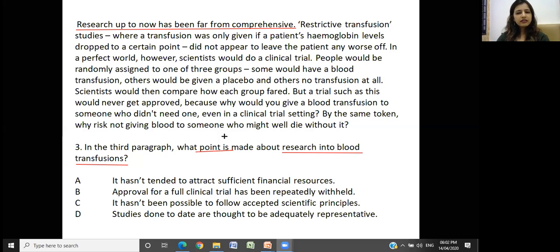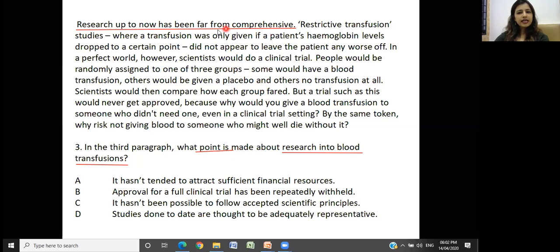That is the reason further research is needed, because it came to medicine without the same kind of research scrutiny. That is the inferential meaning that you get. And that's what I said in the beginning: the paragraph may not have the exact word that you are looking for, and you will go for the inferential answer choices.